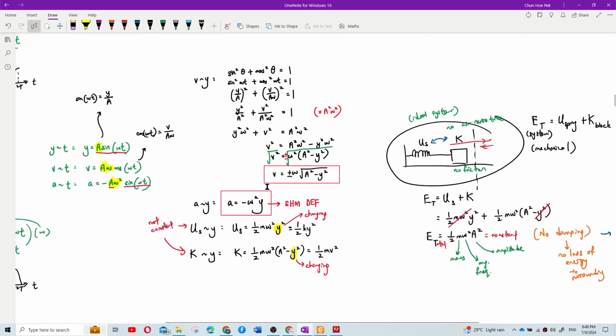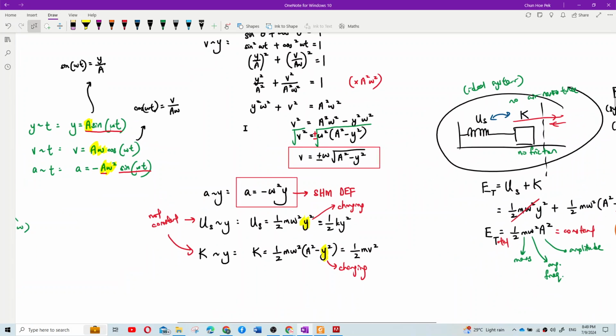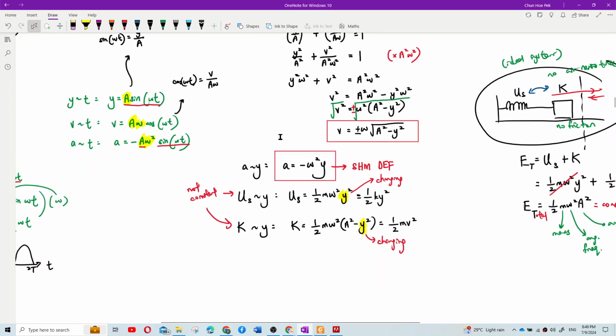So kita sudah tengok ada berapa formula di sini, kelas. So add to our collection, kita ada berapa formula kena tahu. Total energy is equal to U plus K, which is equal to apa formula dia? Half M omega square A square. So kelas sebenarnya tak susah juga.